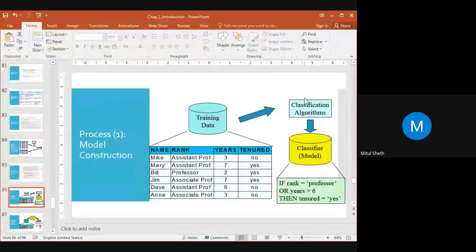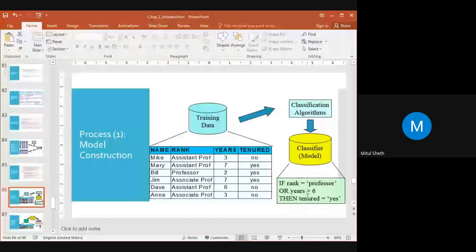In output you are getting the different patterns. Okay, so what are the patterns? Here I mentioned one pattern. If rank equals professor, okay, if an application has come in which the rank is professor, or years is greater than 6, meaning suppose a particular person does not have the professor rank but he or she has experience of 6 years, then I can hire or I can call for an interview.